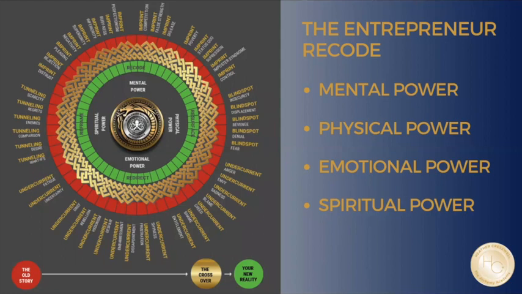We can work with it. We use our emotional power to redirect our energy into the emotions that we want to feel more of, like love and compassion, and we use our spiritual power to create a massive reframe and context for our lives.